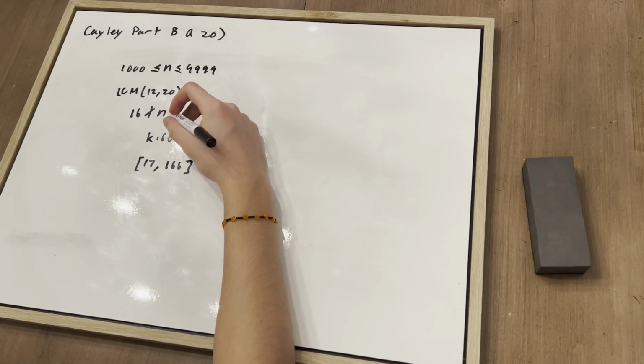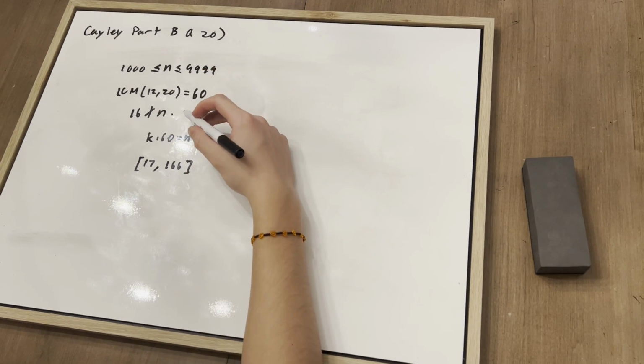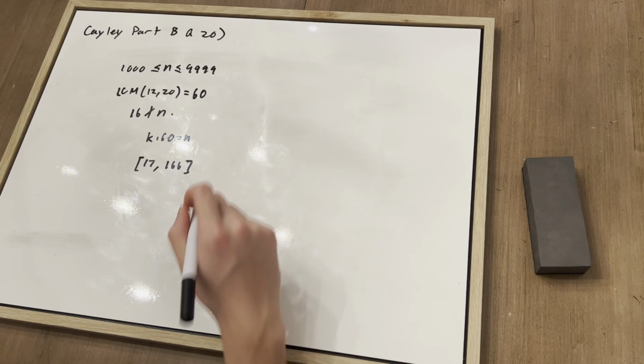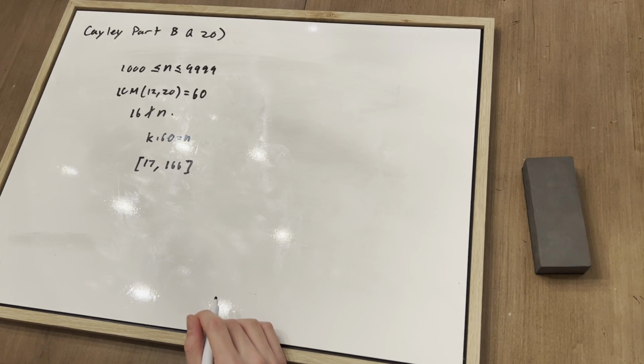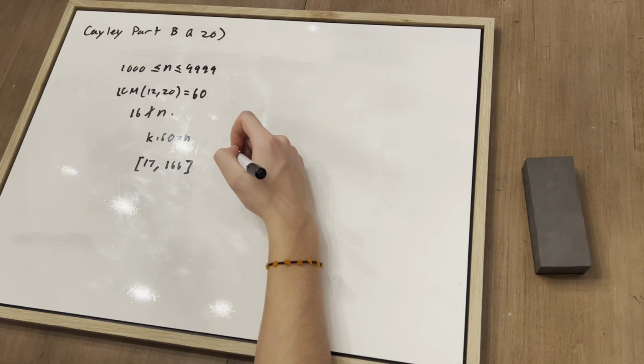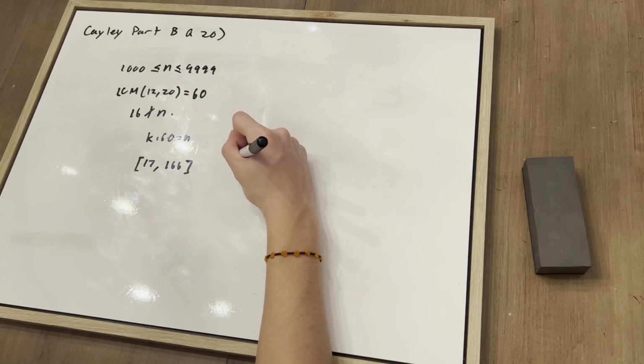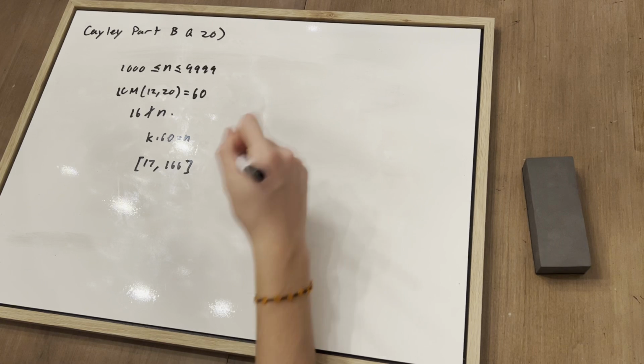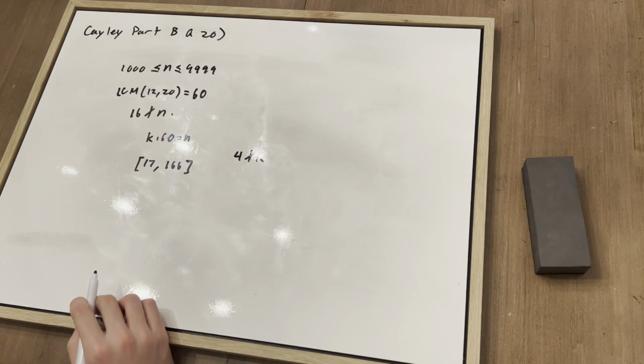However, we need to consider this. This gives us that 16 cannot divide n. And since we know that 60 must divide n, that means k cannot be a multiple of 4. So 4 cannot divide k. So we need to remove all the multiples of 4 from here.